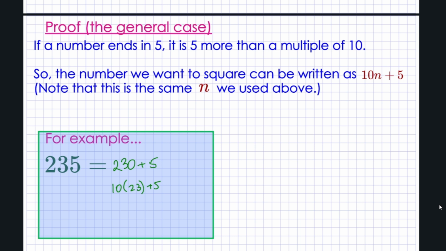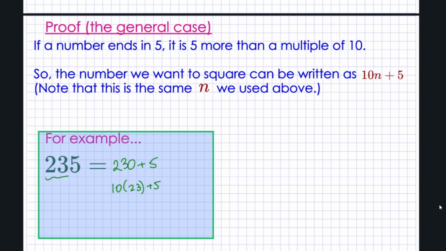Now you remember that earlier we were just looking at the digits before the 5, and we were calling that n. So that was 23. And it's the same n that we're going to be using now. So this number, 235, can be expressed as 10 times 23 plus 5, which is in the structure 10n plus 5.